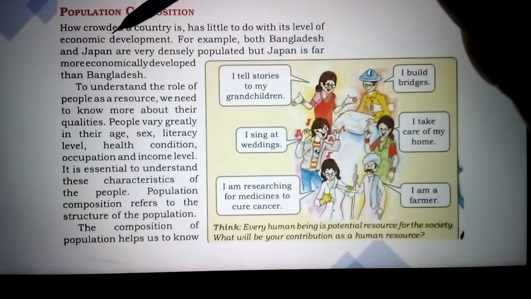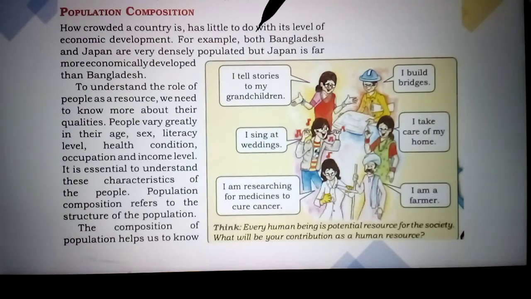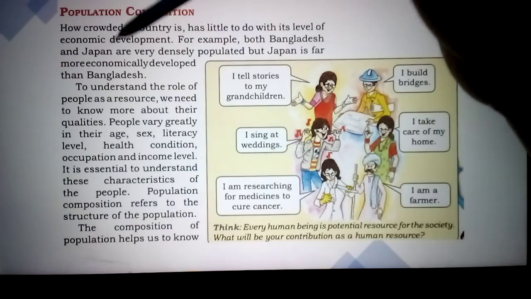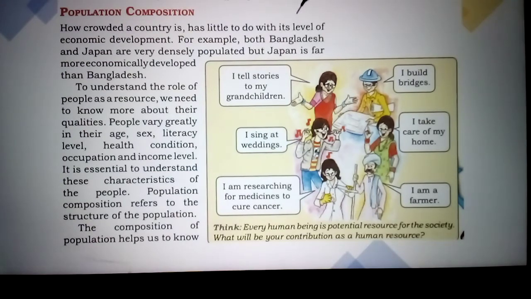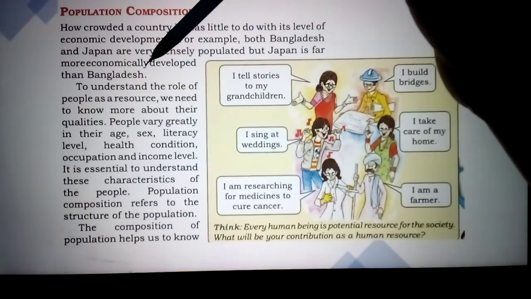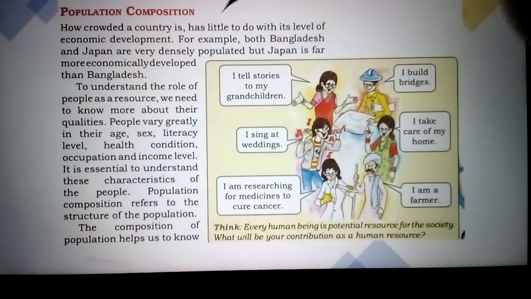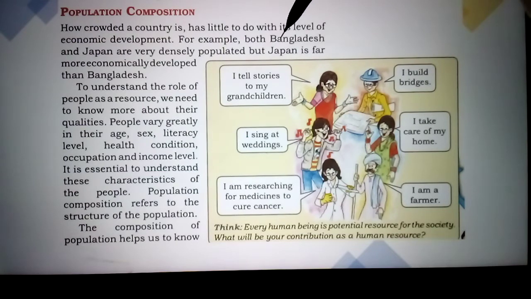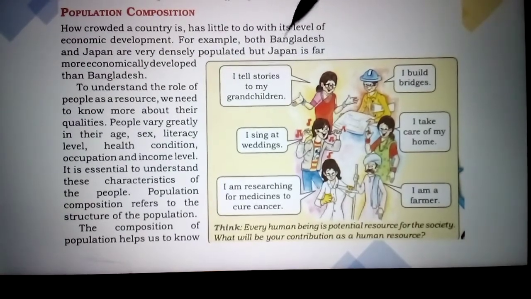Both are densely populated, Bangladesh highly so as well as Japan. But compared to Bangladesh, Japan is more economically developed. Why is that? Both are highly densely populated, but Japan is more developed technologically. It depends on the potential of the people.